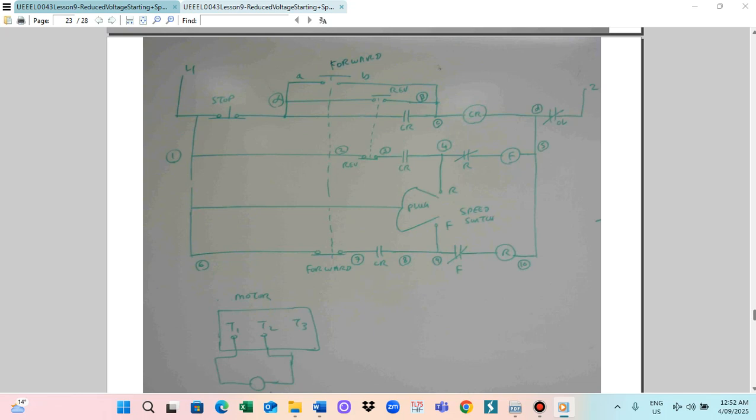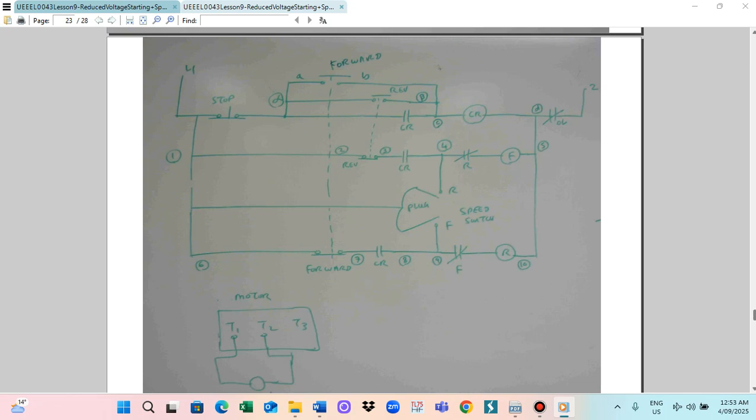So CI is energized and the CI connectors are closed. Then current flows from the CI connectors to 1, 2, 3, 4, 5, and the FY is energized. This normally closed contact is open. So the motor runs forward, and the opening of the normally closed S prevents the R from being energized. So this is for the motor running in the forward direction.